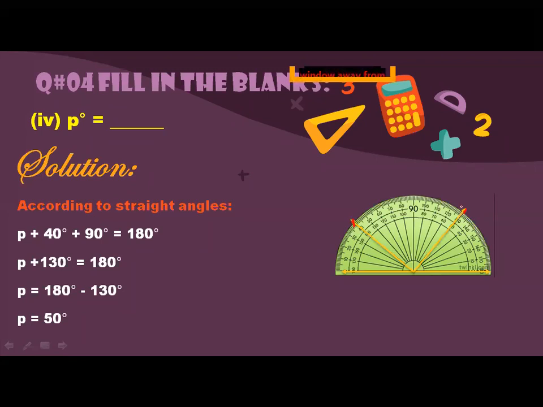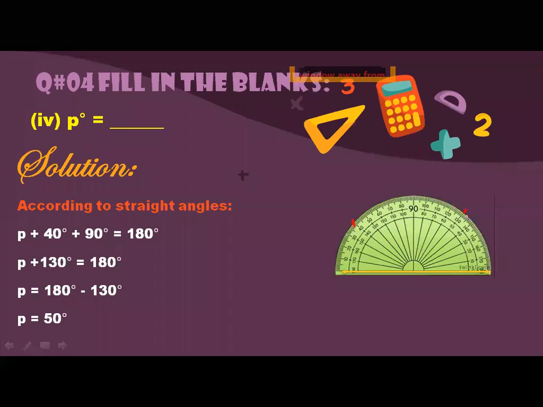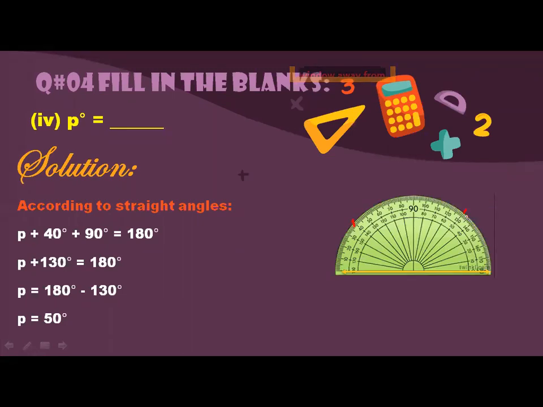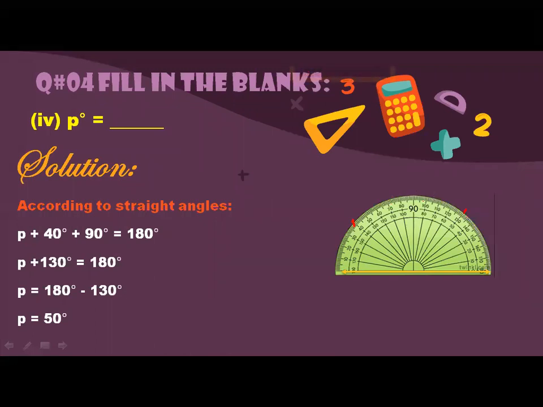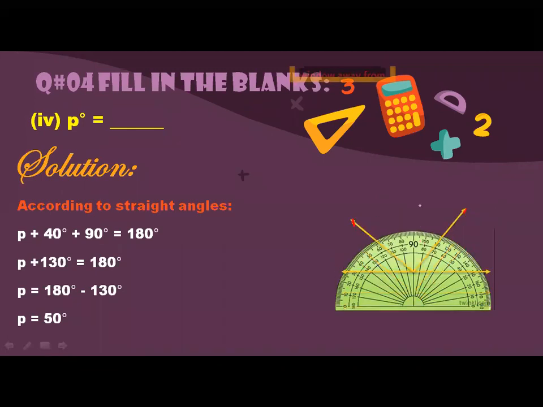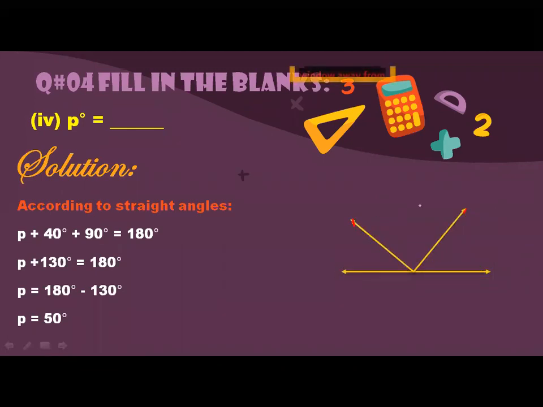I am repeating again, on the left side, you will mark 40°, and on the right side, you will mark 50°. So the angle in the middle will obviously be equal to 90°. After that, you will draw this line, and then you will remove your D and set.